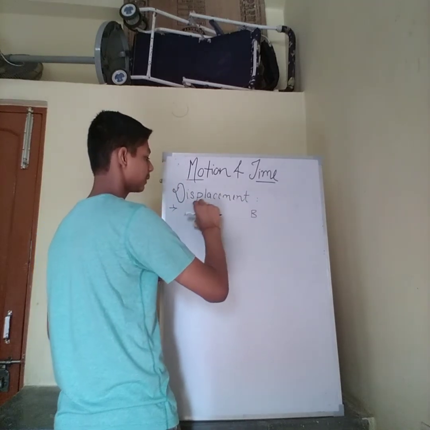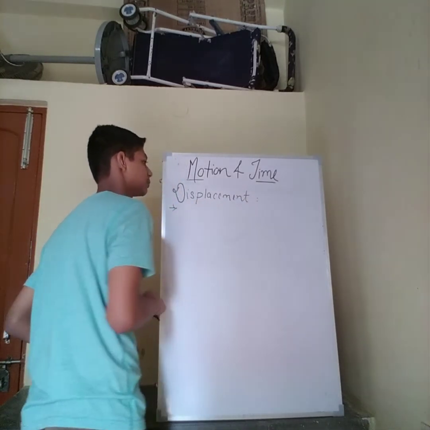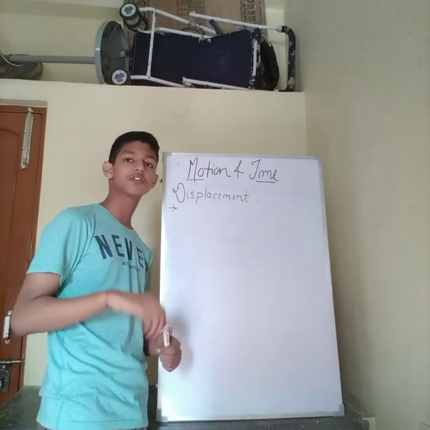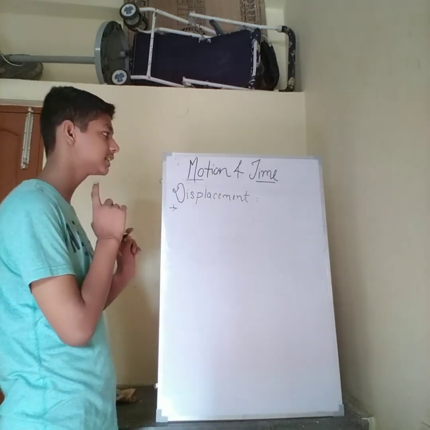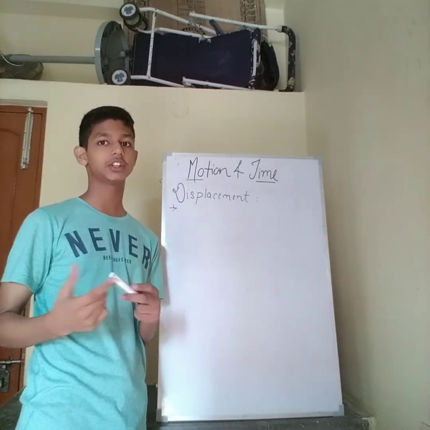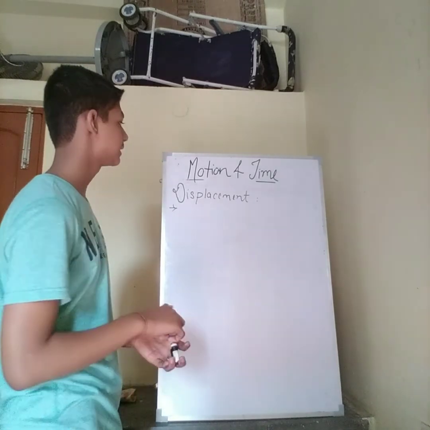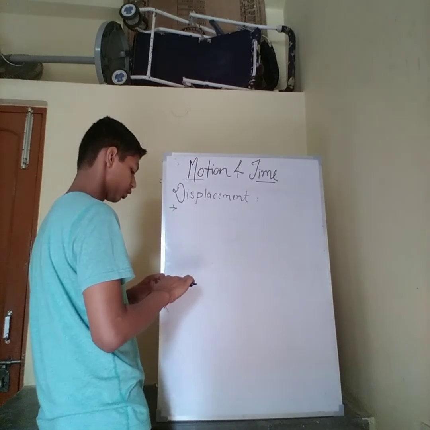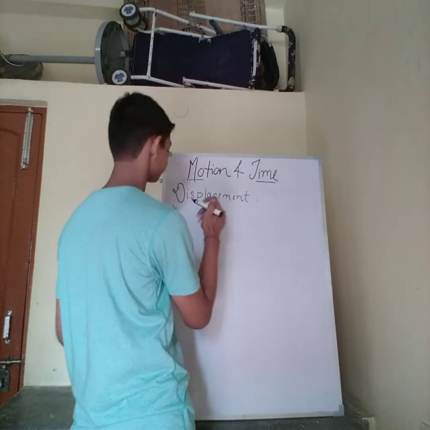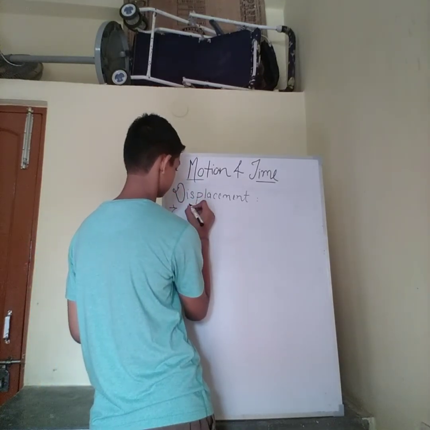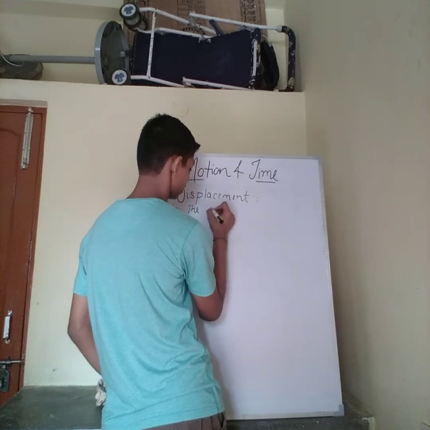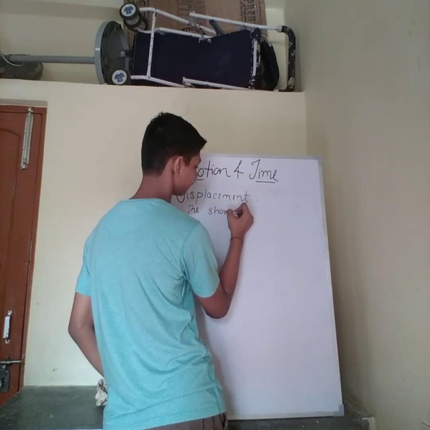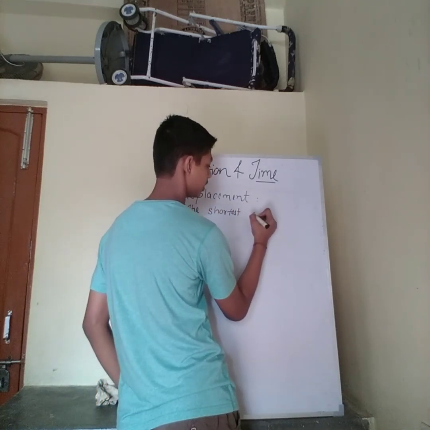What is displacement? The second term is displacement. As I have said, displacement is a vector quantity, meaning it has magnitude as well as direction.